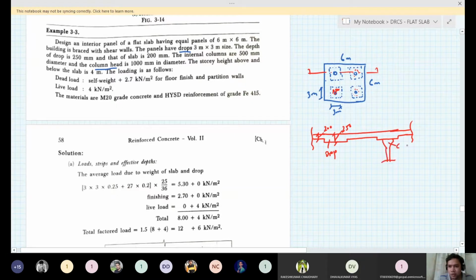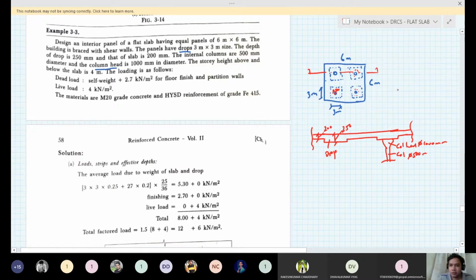This is your column head and this is column. The diameter of column is 500 mm, the diameter of column head is 1000 mm. The story height above and below is 4 meter.